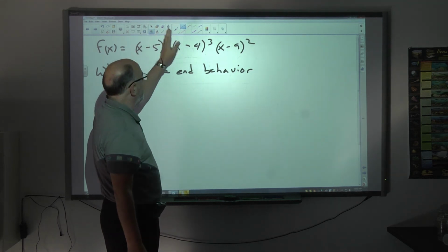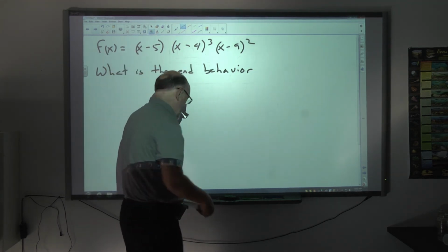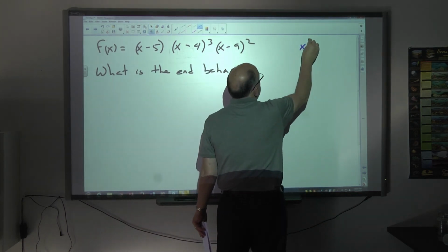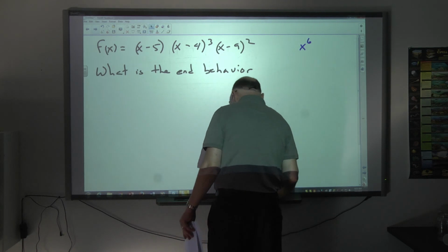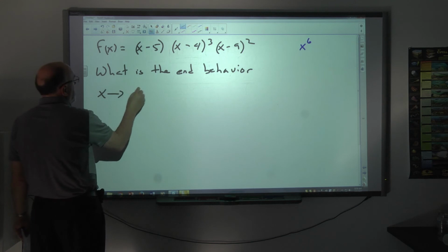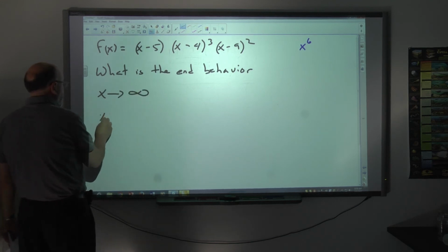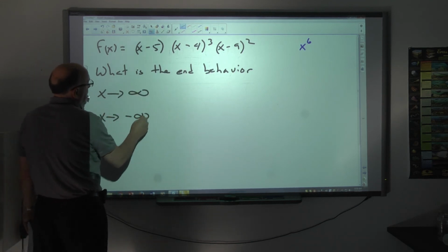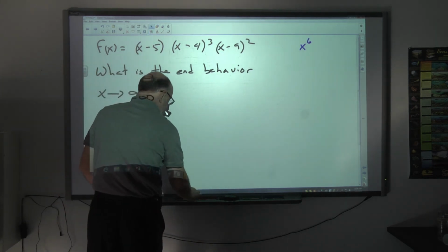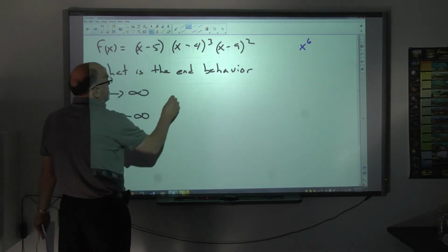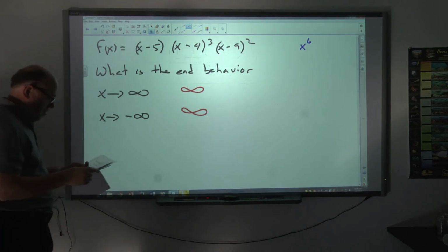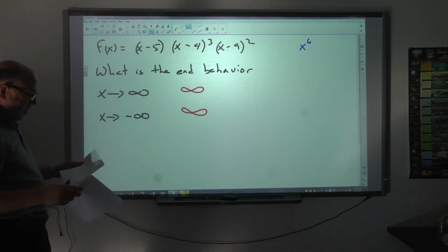So x times x cubed times x squared, we would end up with a term that has a highest degree of x to the 6. And so if x goes to infinity, and if x goes to negative infinity, the number in front of all my x terms are positives, so it would be a positive x to the 6. And so this is going to be infinity, and then this would also be infinity when x goes to positive and negative.